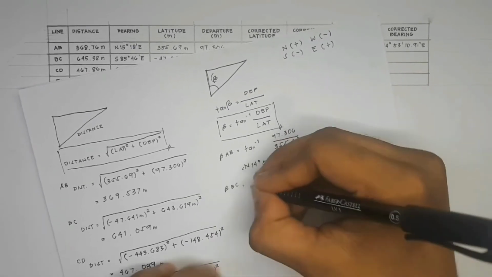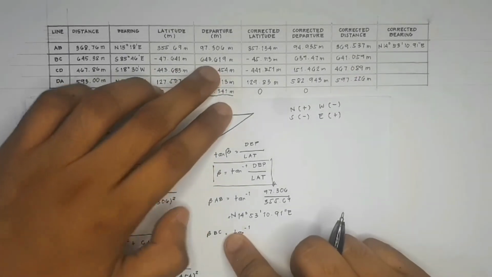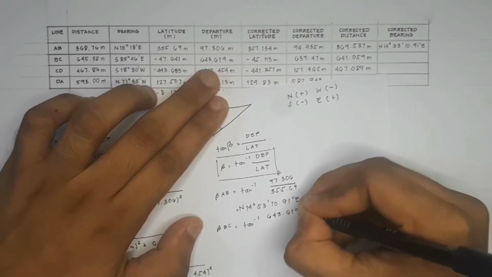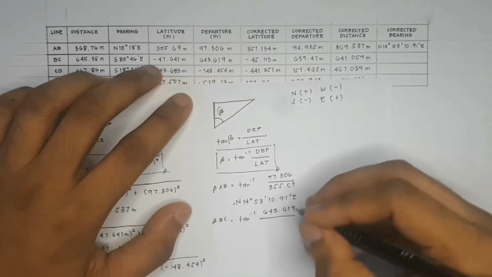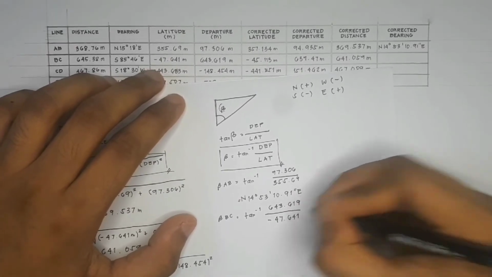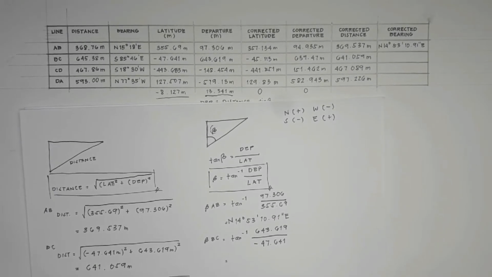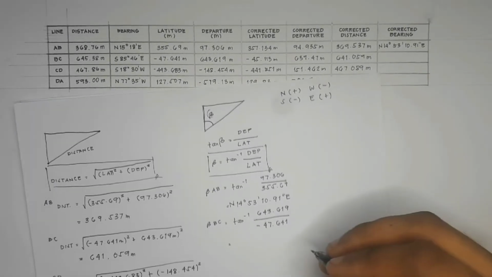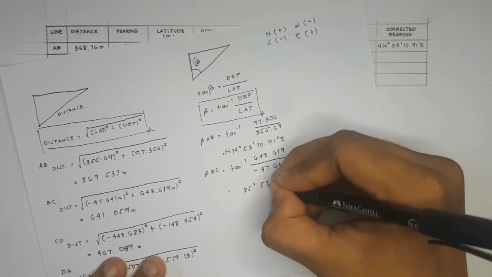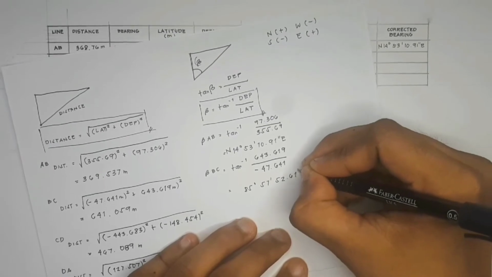Next we have the bearing angle of line BC. So this will be arctangent of departure of line BC, 643.619 over the latitude of line BC, which is negative 47.641 meters, and this will give us 85 degrees 57 minutes 52.61 seconds.